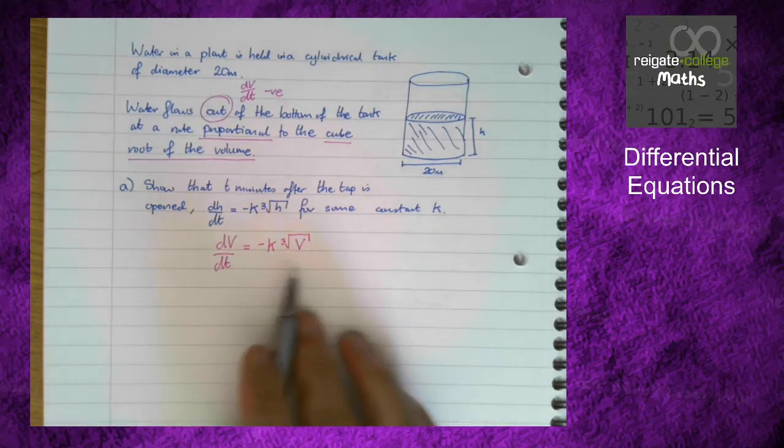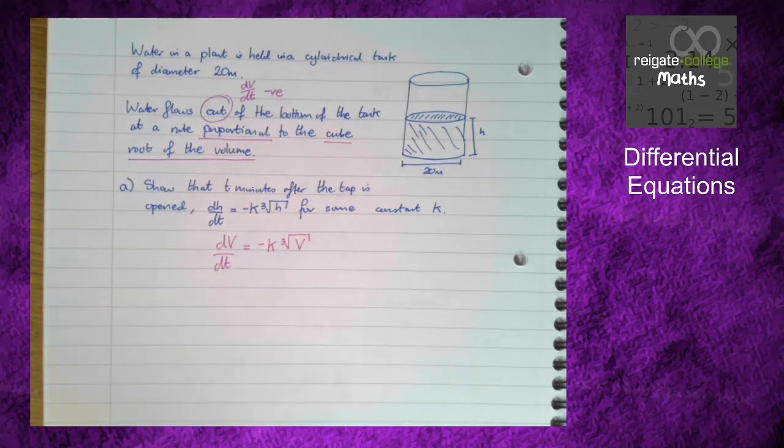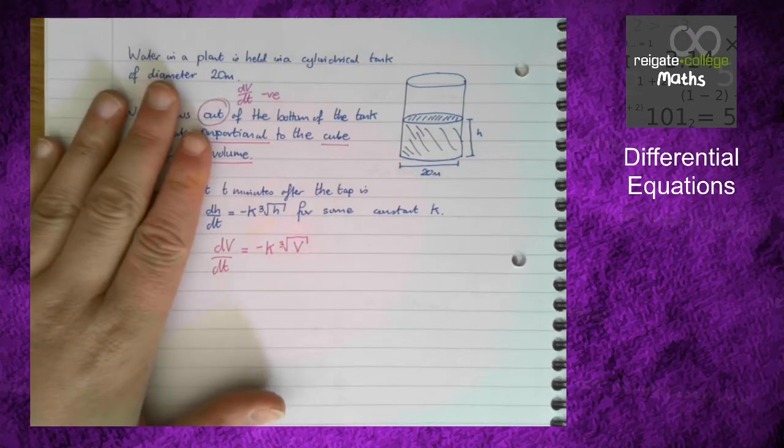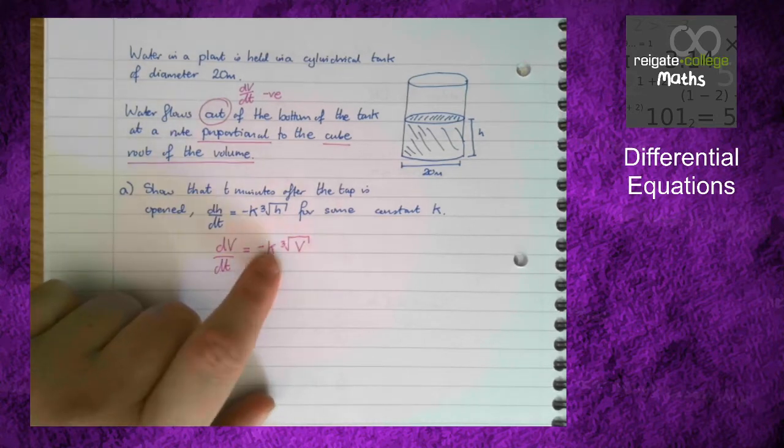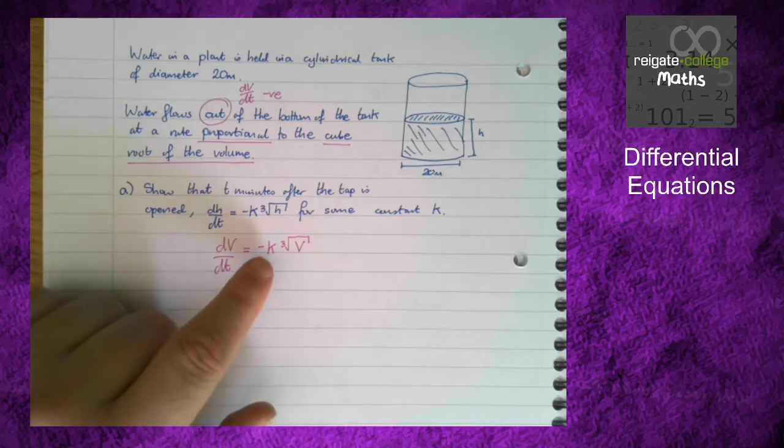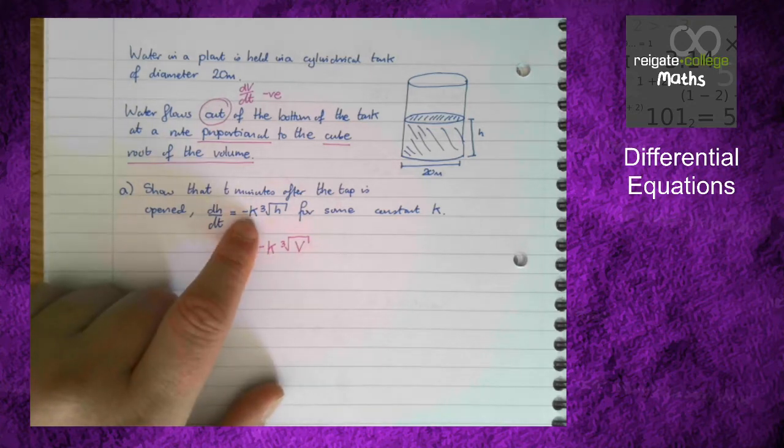Now, this is something really important. What I've done here is something that students typically do. They go, okay, dv by dt, because I've been given it, minus k cube root of v. Why shouldn't we use k? Well, because we've got k in the answer we're trying to get to.